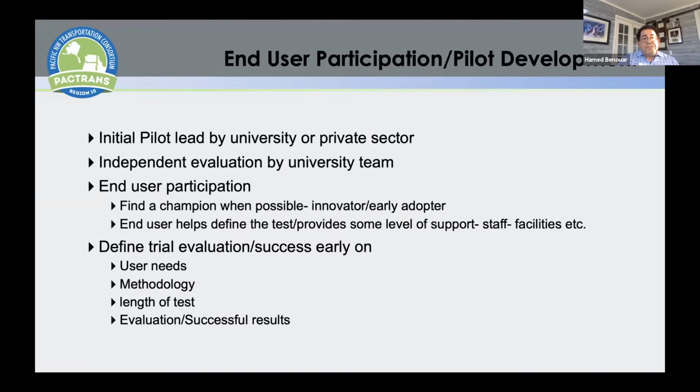And so the end user participation is very, very important. When we were at CCIT, we brought in the end user. We had to go and find the champion when possible.